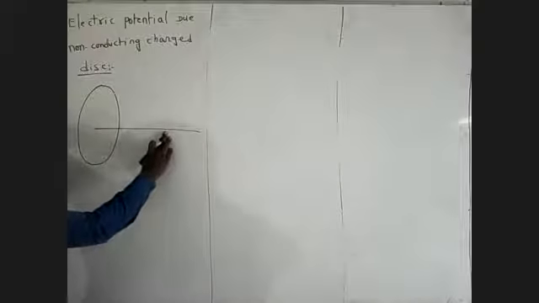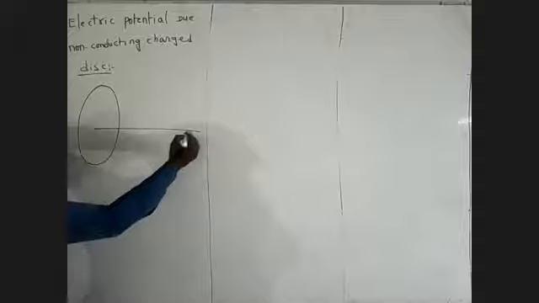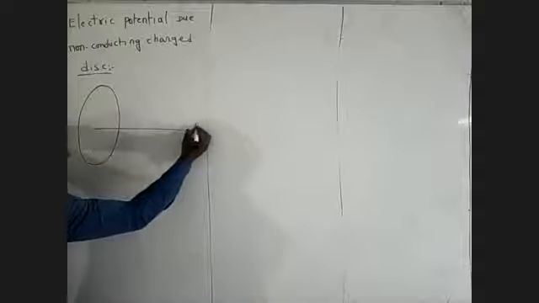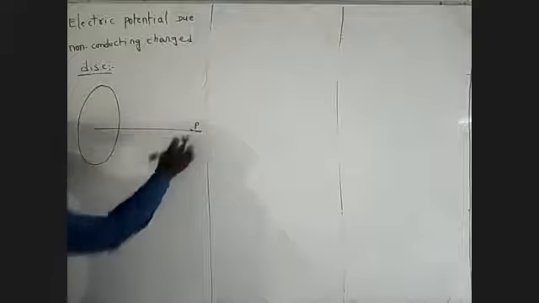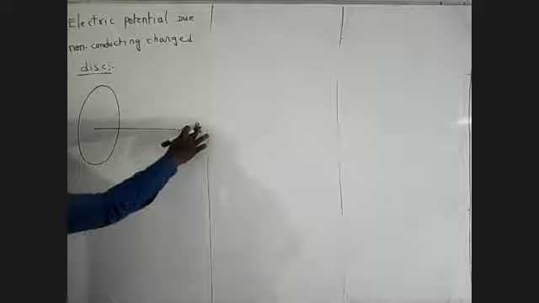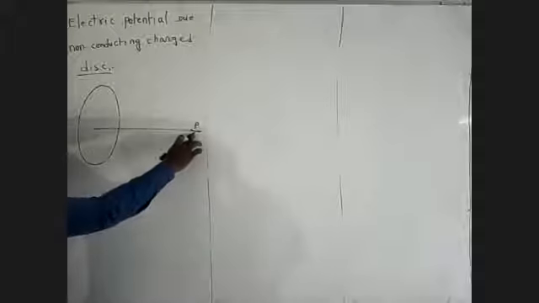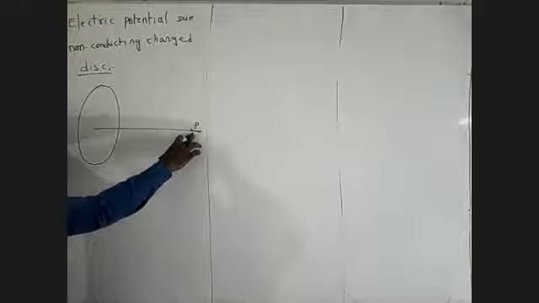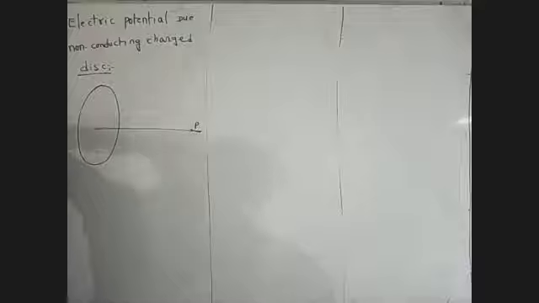This is the axis of the non-conducting charged disk. So this is a point P, which lies on the x-axis. Any point on the x-axis.